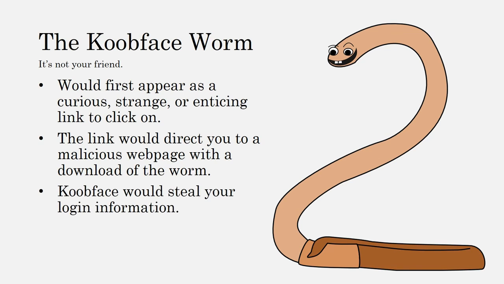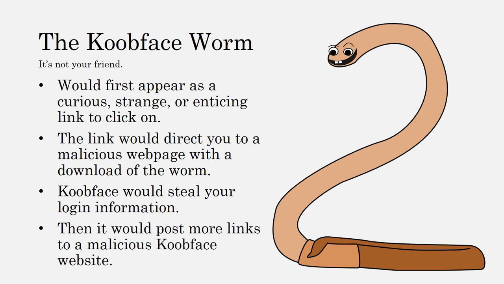Once a user downloaded Kubeface from either of these two methods, Kubeface would use keylogging software to steal the user's Facebook credentials. Once Kubeface discovered the user's Facebook username and password, it would hijack the user's Facebook account, and it would use that account to post more links to the malicious Kubeface website.